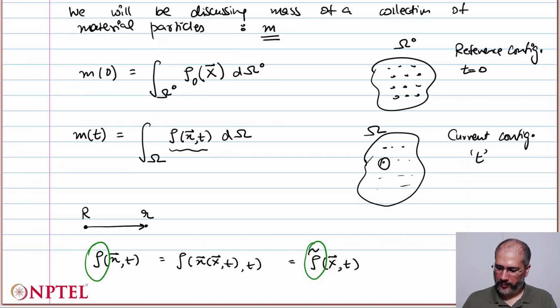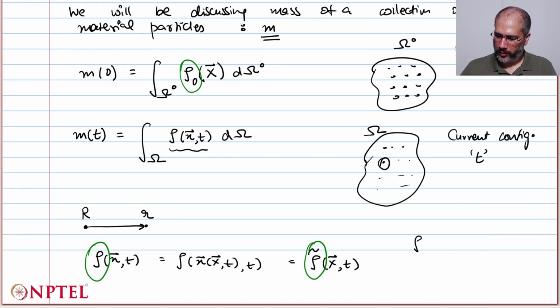We have a rho tilde, which we will use to denote the Lagrangian description of density, and both are functions of time. And then we also have a rho naught, which is the density field at time equal to 0. So rho naught basically is rho tilde for capital X at t equal to 0. I'll be using these symbols in our equations in the discussion that follows, so it is important that we understand the difference between these.